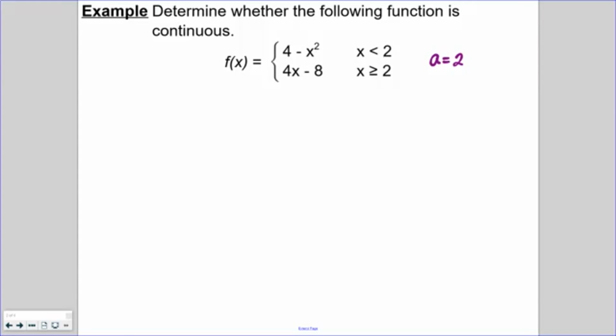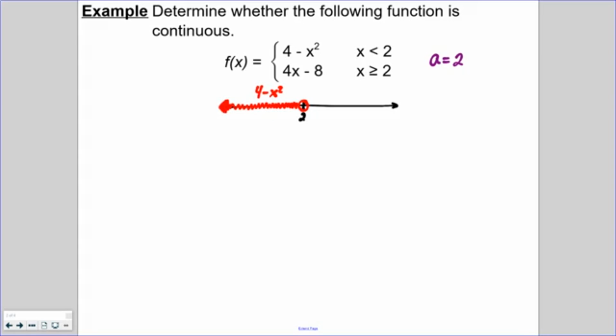Now, before we can check for continuity at a equals 2, let's first go ahead and sketch out our number line so we know where each expression exists on the number line, relative to a equals 2. Alright, so a equals 2 is the point we're checking for continuity, so we'll throw that in the middle. When x is less than 2, or when x lives on this side of the number line, we're going to use the function 4 minus x squared.